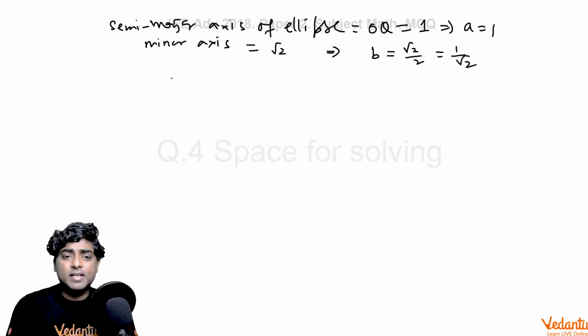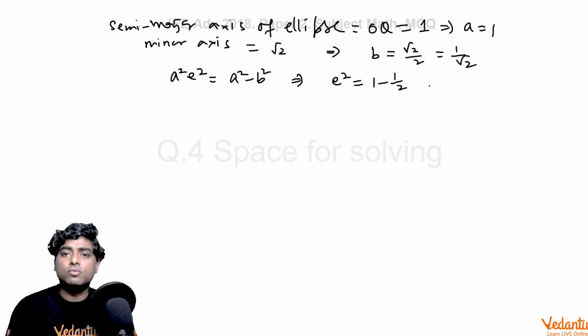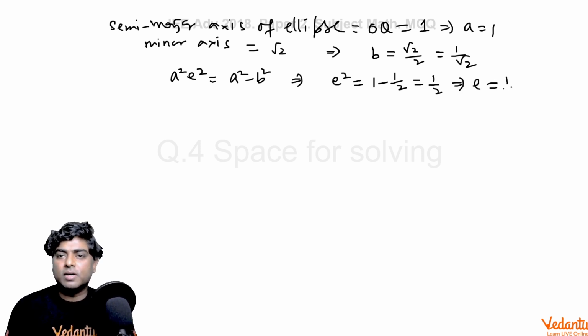If we find the eccentricity, we know A square E square is equal to A square minus B square. Now A is 1, so E square is 1 minus 1/2, as B square is 1/2. So eccentricity of the ellipse is 1/√2.